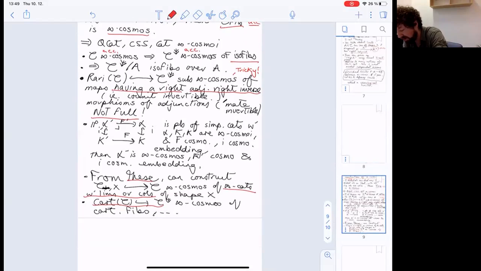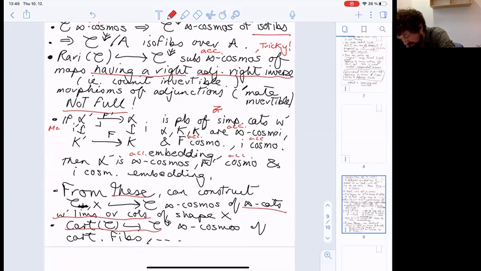But it's true, right? So this is an accessible infinity cosmos, and if we have a pullback of accessible infinity cosmoi, but accessible everywhere, then things will work again. So this is, if you like, let me expand this a bit.